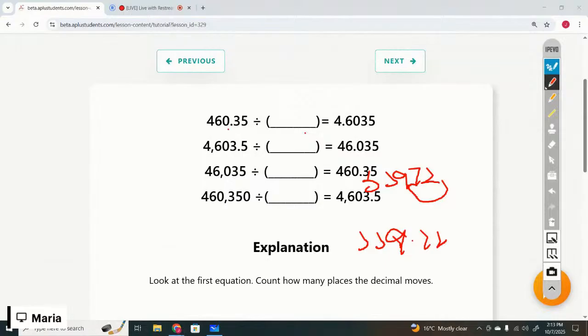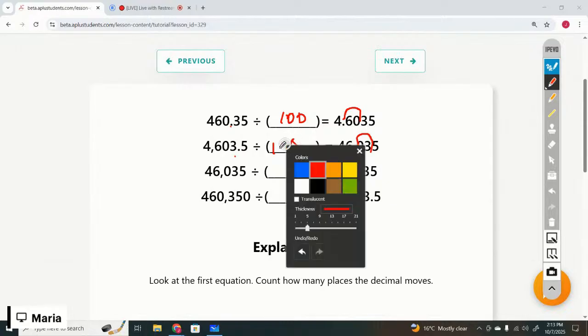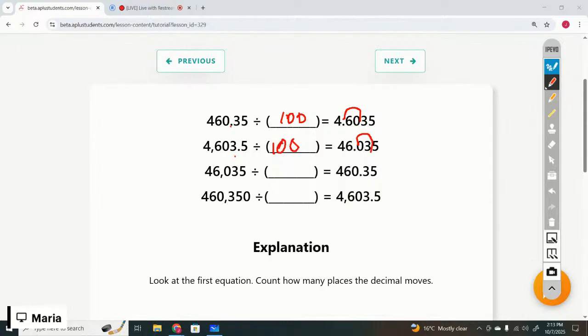The decimal point is here. Now the decimal point is moved from here to here. So you move two places left. So it would be divided by 100. Got it? Now after the 3, the decimal point is moved again from here to here. So again you need to divide it by 100 because the decimal point moves two places left.